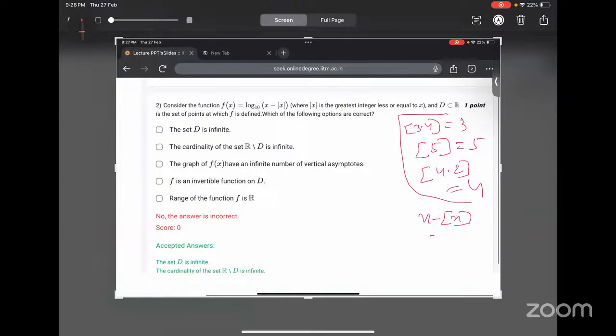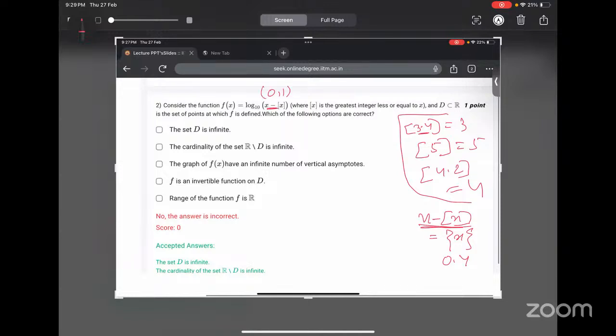It can be denoted by x within curly brackets. If I take x equal to 3.4, the value is 0.4. The value of this quantity will always lie within 0 to 1.